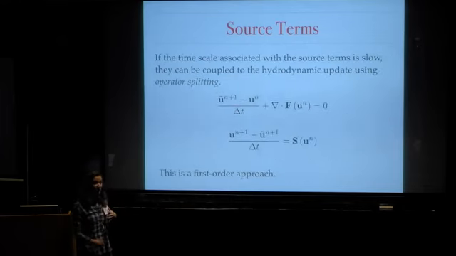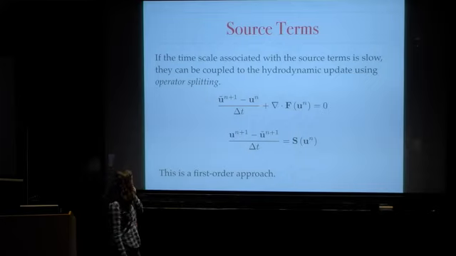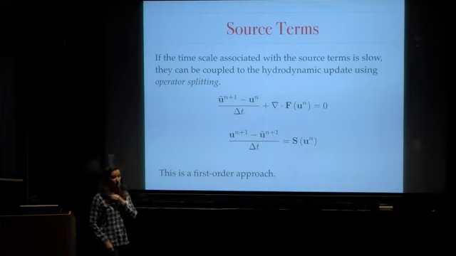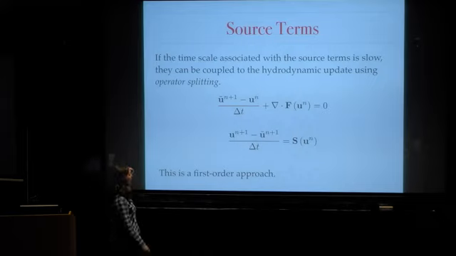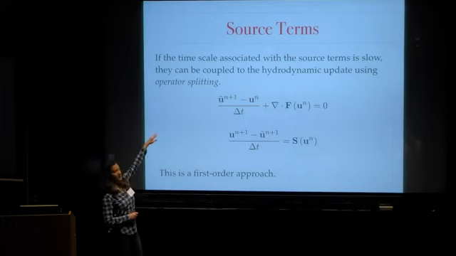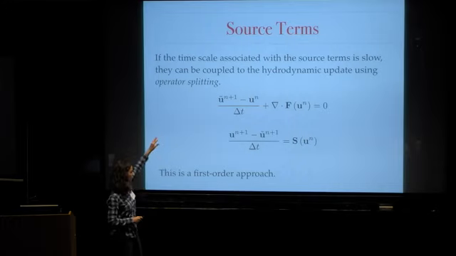It depends a little bit on the nature of the source term itself. Basically, I think the most common approach still is something called operator splitting. The idea there is that you go through your hydrodynamic update first, so do everything we just said in order to get from the adiabatic version of the hydro variables at time n to your updated version at time n+1, but you haven't taken into account anything about the source terms.